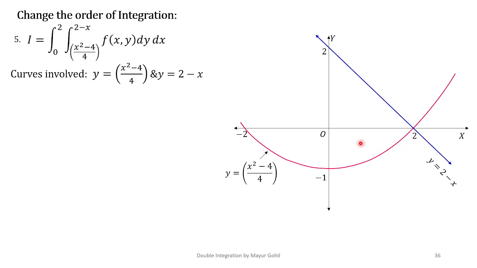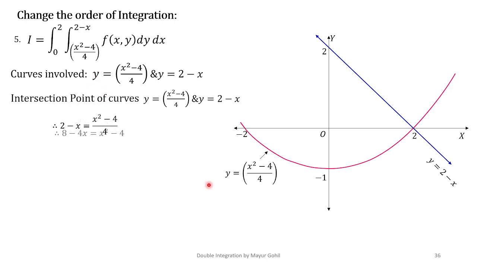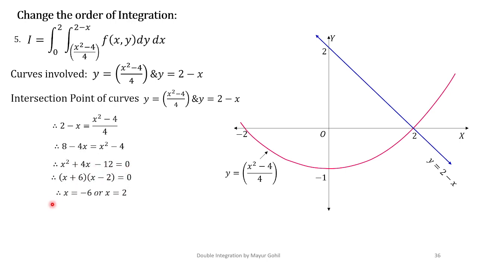Now let us understand how to calculate the intersection points. I'll equate the RHS of both equations, because y equals the parabola (x square minus 4) upon 4 and y equals 2 minus x. So you substitute 2 minus x in the parabola equation for y, and you get the quadratic equation x square plus 4x minus 12 equals 0, and you get 2 points for x, that is x is minus 6 or x is 2.